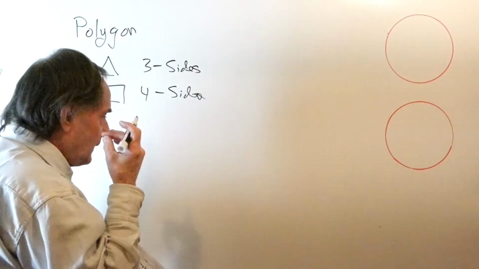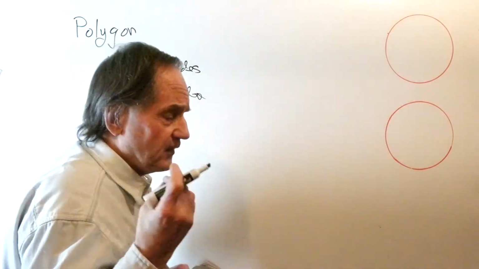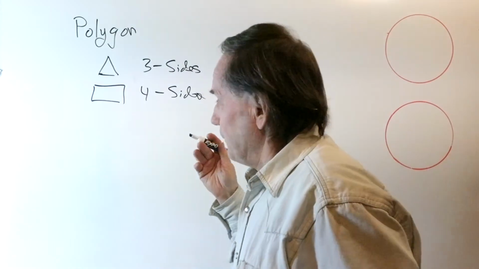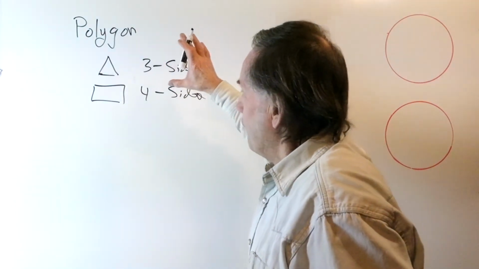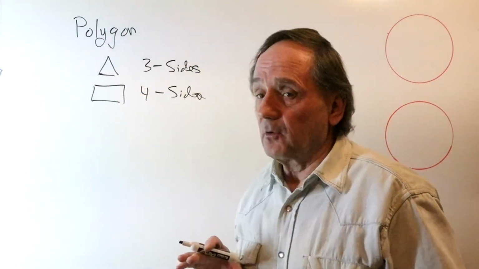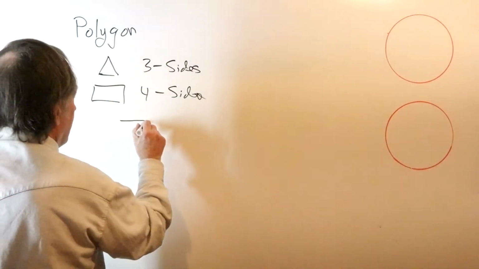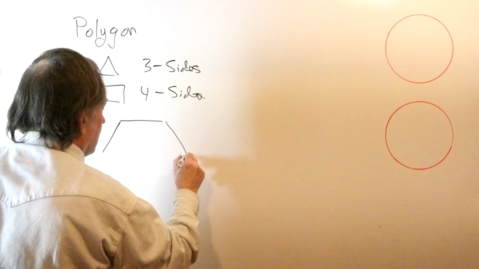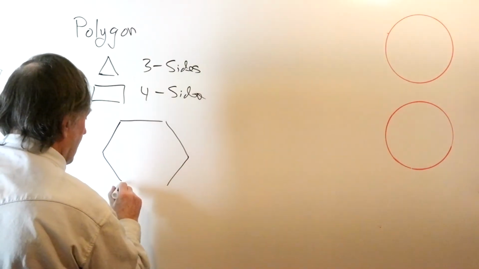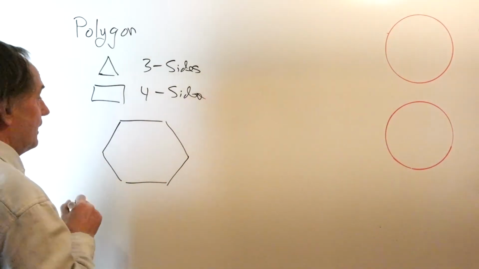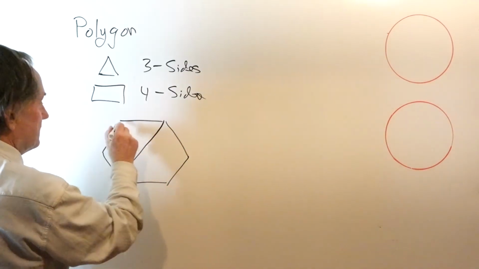Now, the triangle is very basic and very important because once we know the properties of triangles, we can usually extend it up to higher order figures. For example, if you have a hexagon, which is a six-sided figure, you can break it up into triangles.